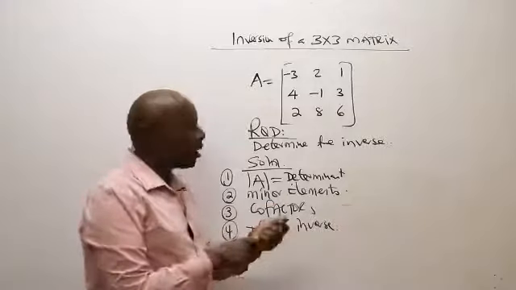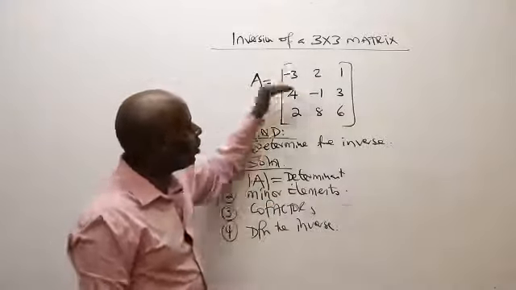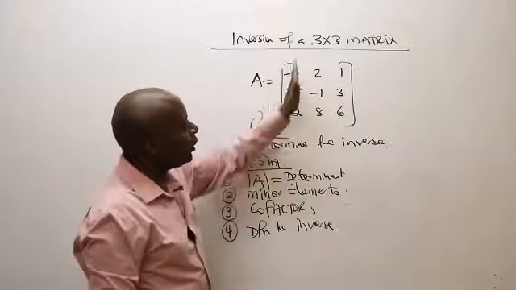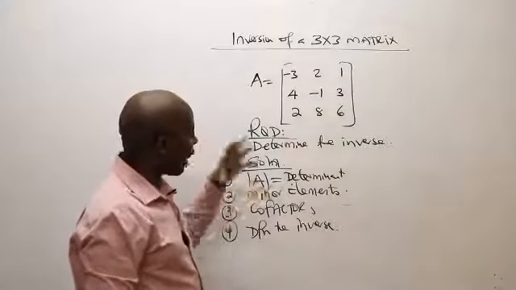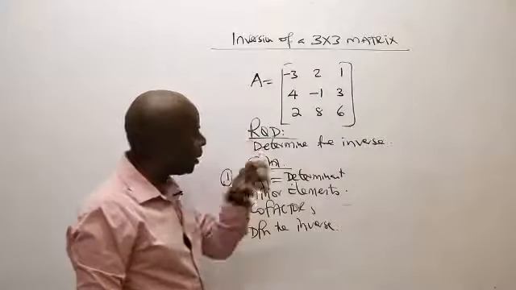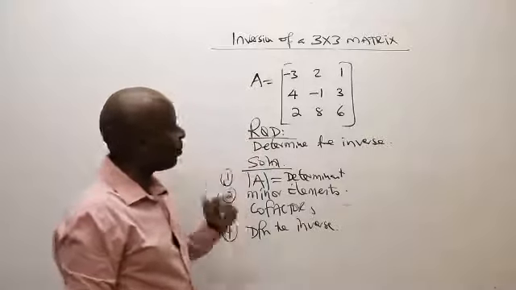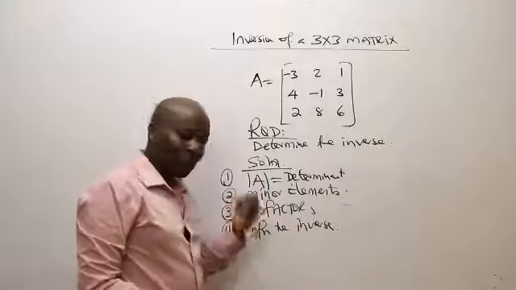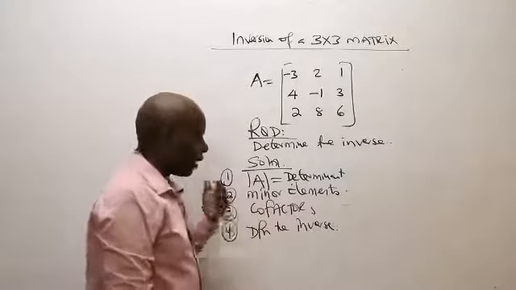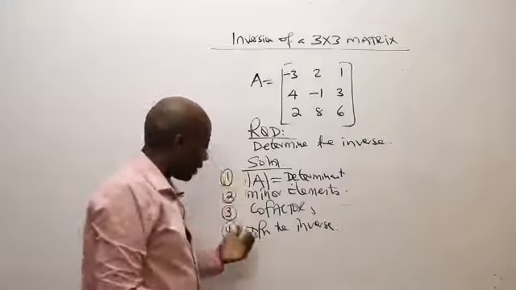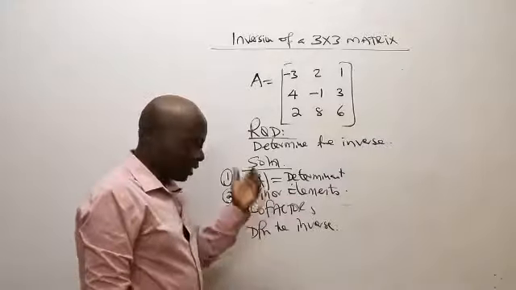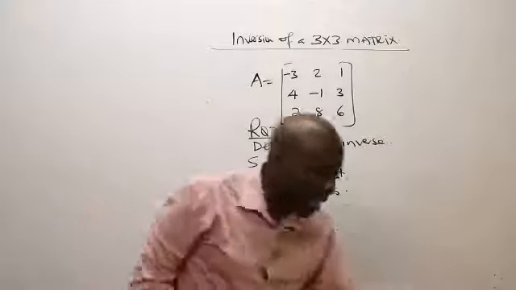So anytime you are given a matrix that has 3 rows and 3 columns, this is how we shall be getting the inverse of a 3 by 3 matrix.